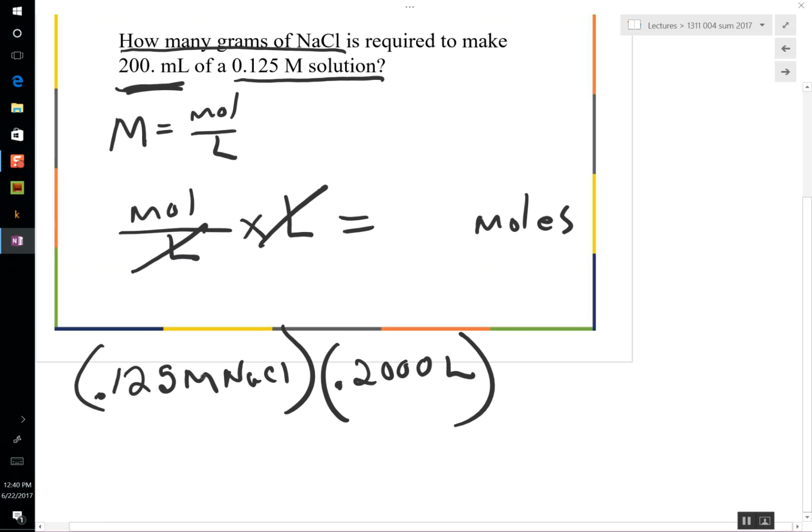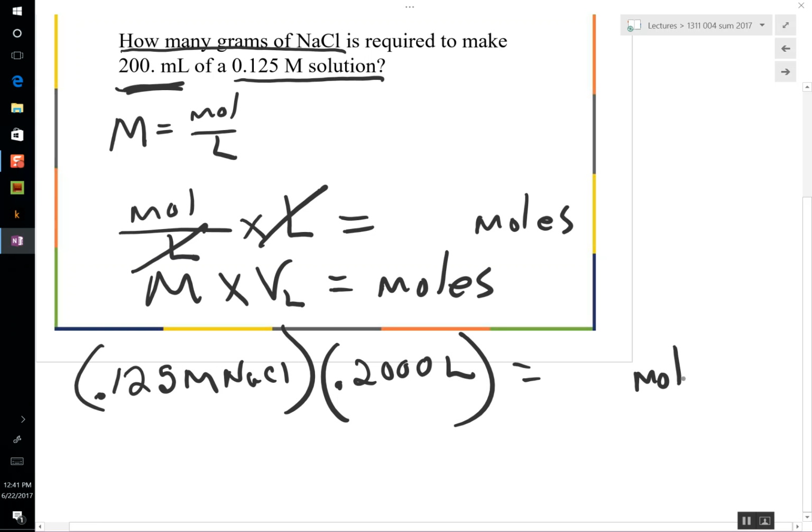So molarity, what we really have here is molarity times volume in liters equals moles. And that's exactly what I have done here. I have molarity times volume in liters, and that's going to give me moles of sodium chloride.